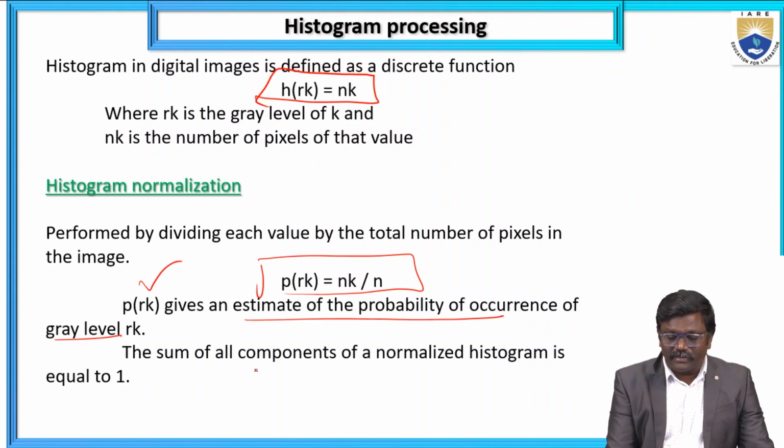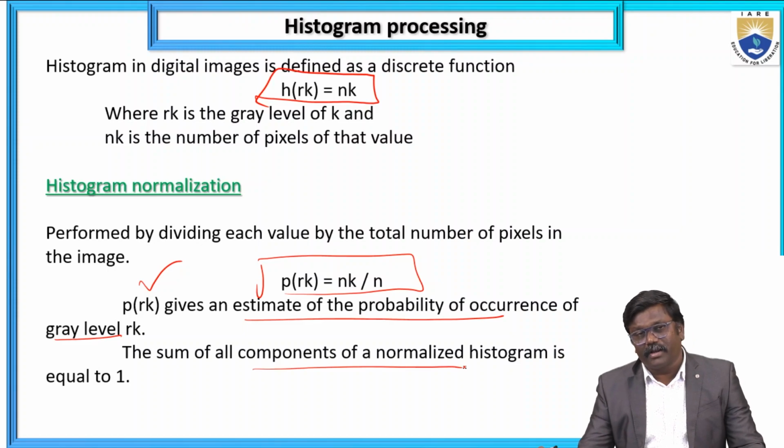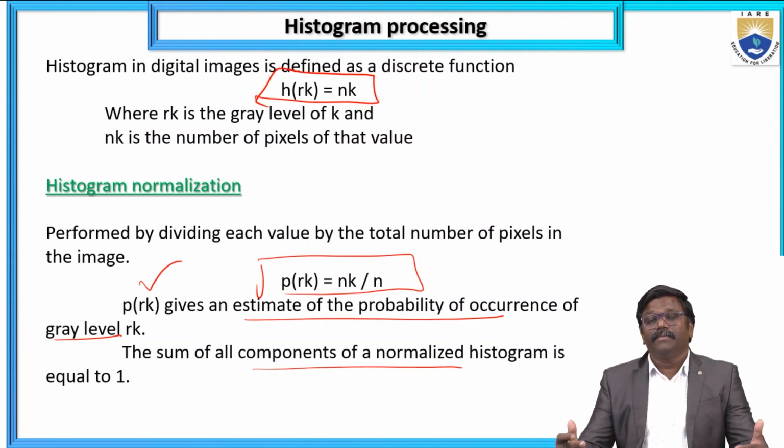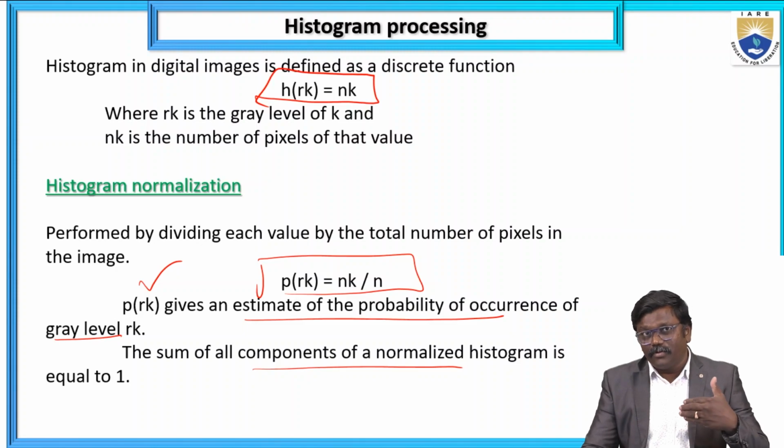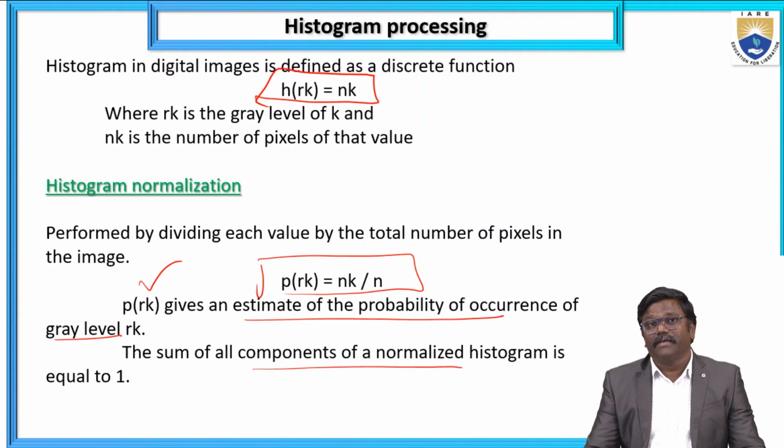When we consider the components of the normalized histogram, the sum is equal to 1, which means you are applying your histogram processing for your expected image enhancement.